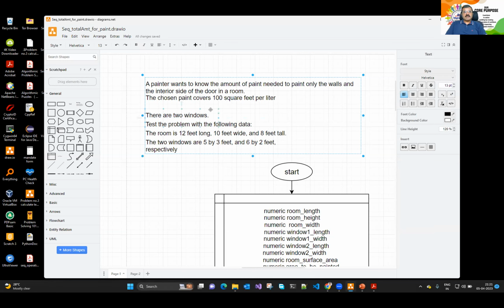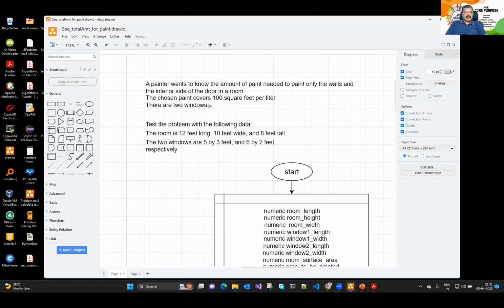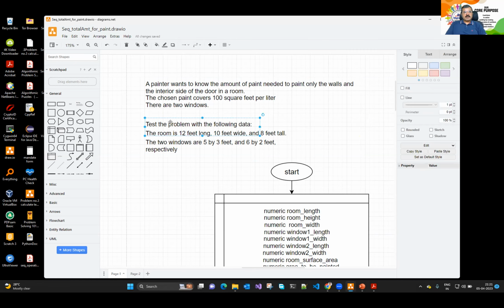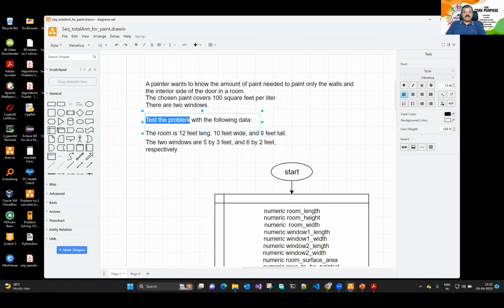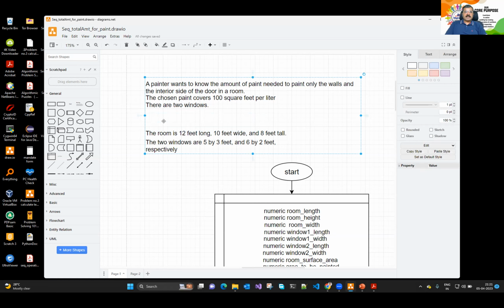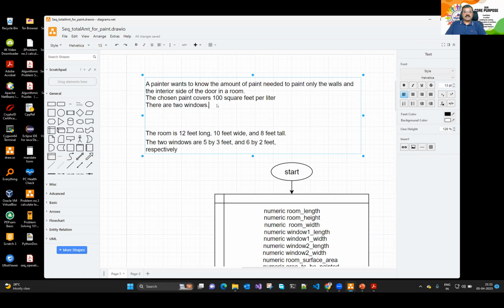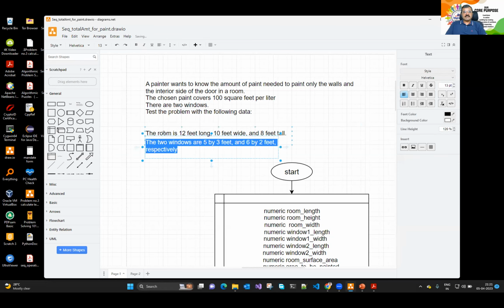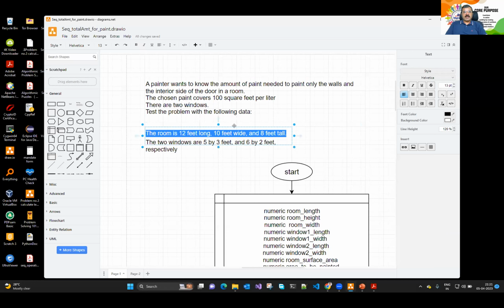The chosen paint covers 100 square feet per liter, but there are 2 windows also. Test the problem with the following data. So now you are supposed to test with the data. That does not mean that that's the input statement for us. That was just data given for you to test whether your idea is correct or not.